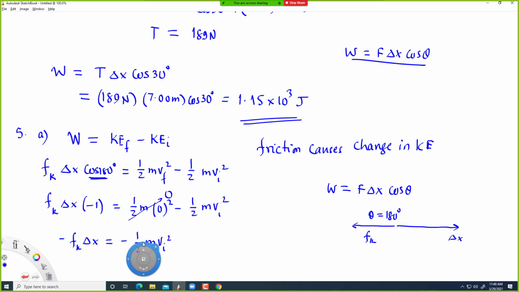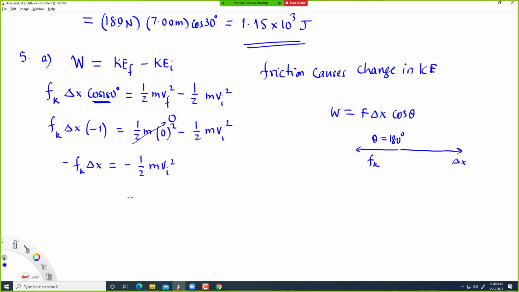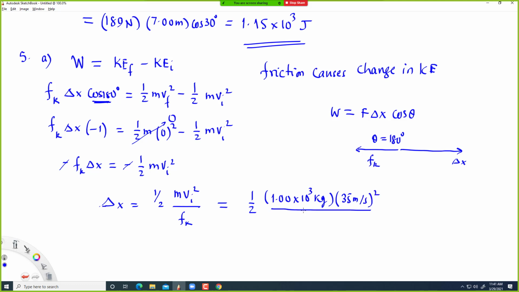So find delta x. We can cancel minus and minus, so delta x is 1/2 m v initial squared over Fk, dividing both sides by Fk. Now plug in the values. 1/2 times the mass of the car, 1.00 times 10 to the 3 kilograms, initial velocity 35 meters per second, squared, and the friction force is 8 times 10 to the 3 Newton.